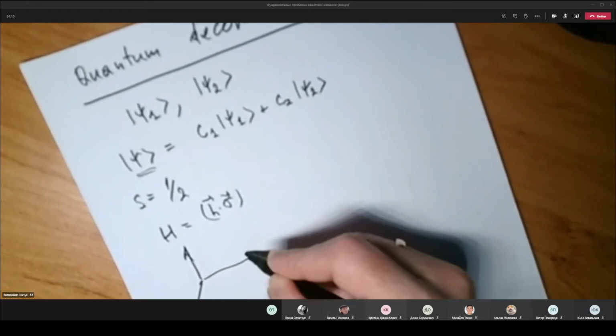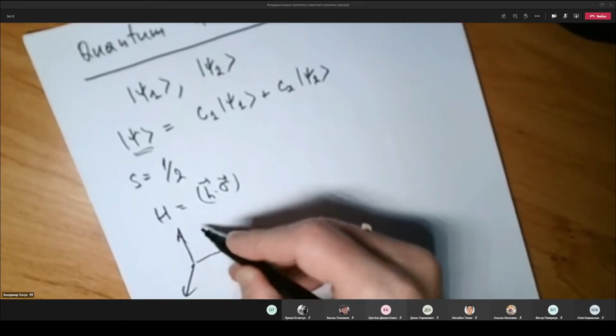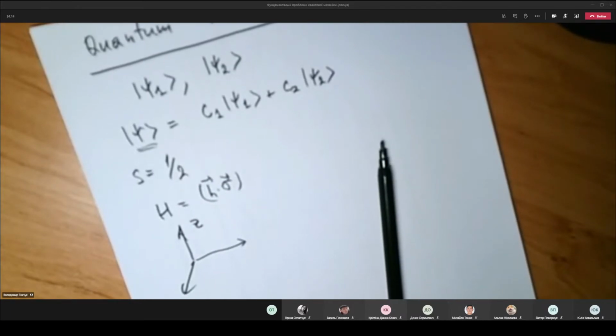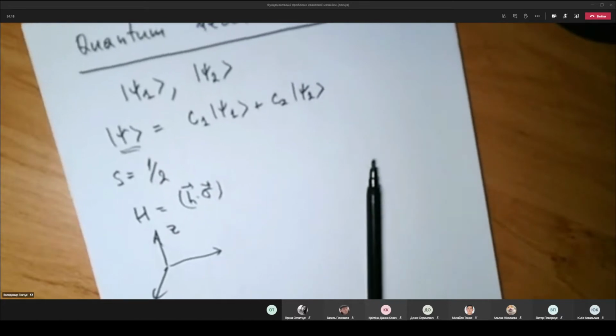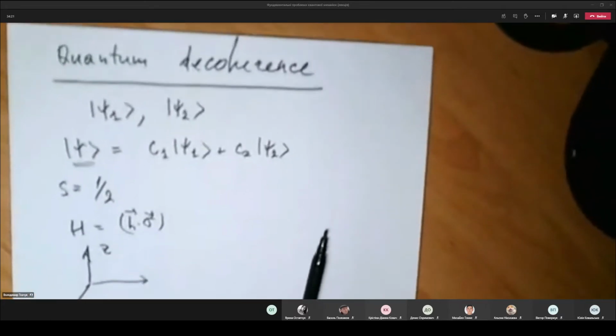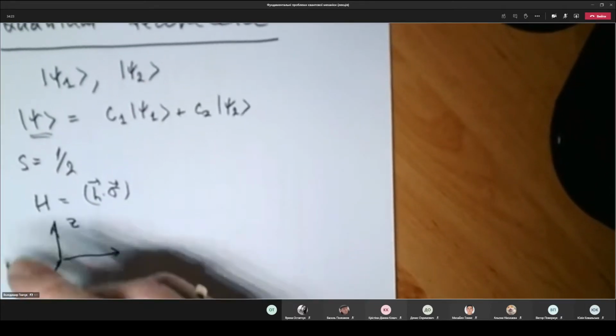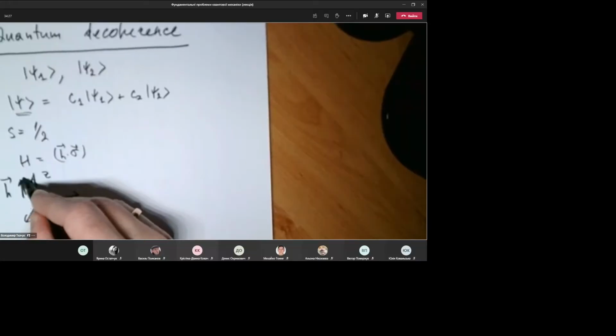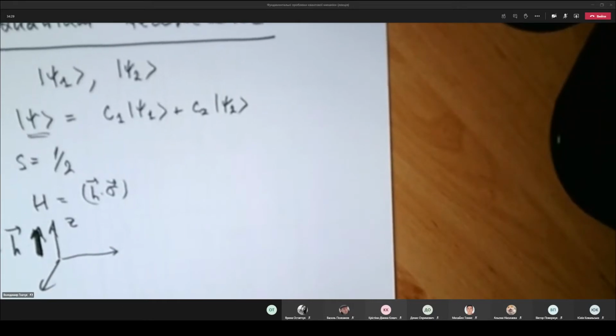So the magnetic field is directed along the z-axis.